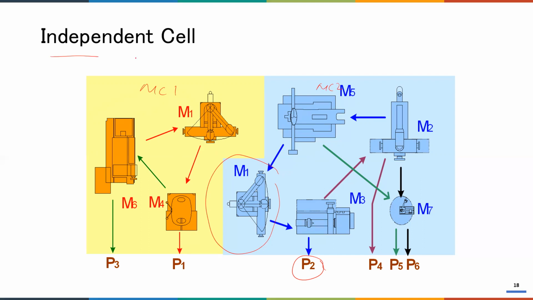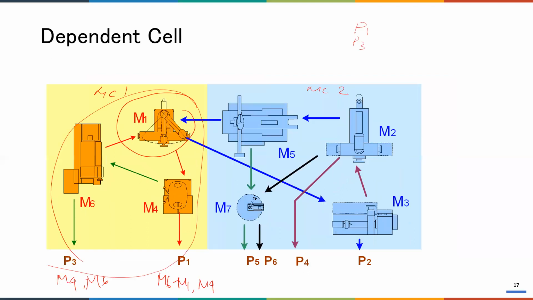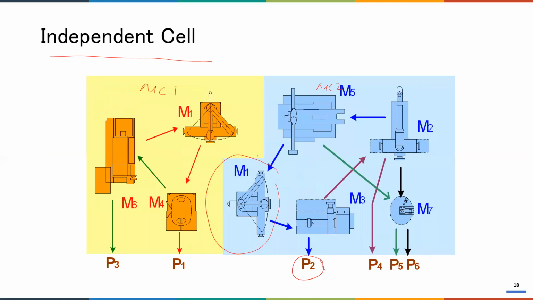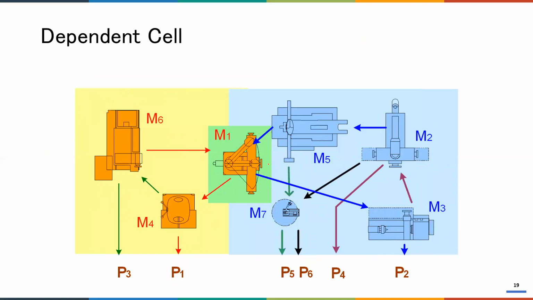So it's going to be an independent cell where they are not related to each other. Or like it's mentioned before, we try to either modify the part 2 routing or rearrange the row and column, which means the location. So it's going to be something like this, where we have a shared machine, but the location of this machine is moved so that we can minimize the movement between cells and also inside the cell, so intercell and also intracell.